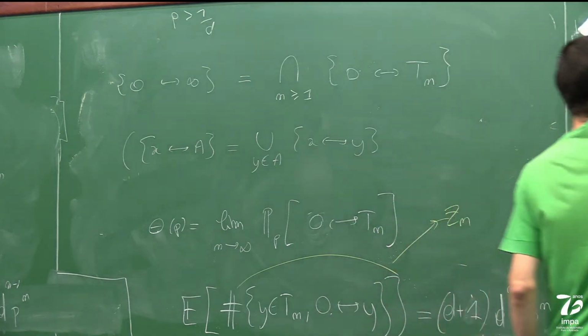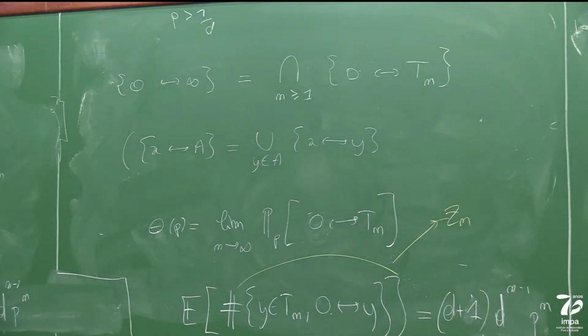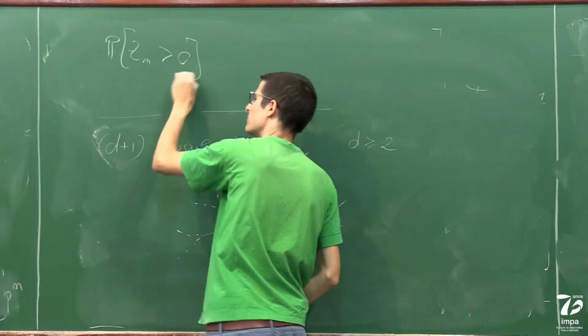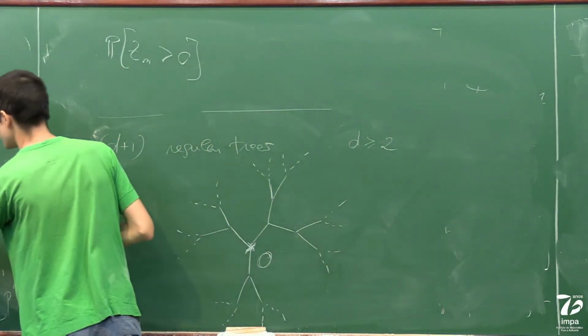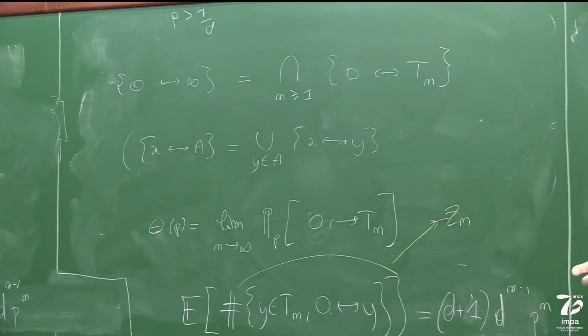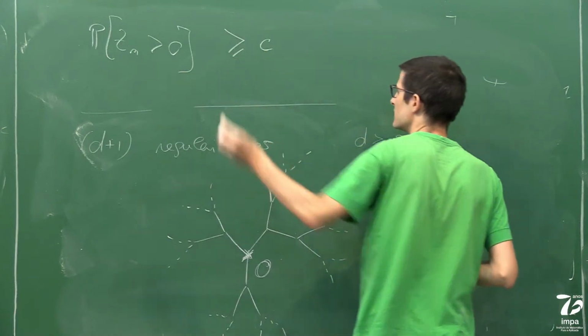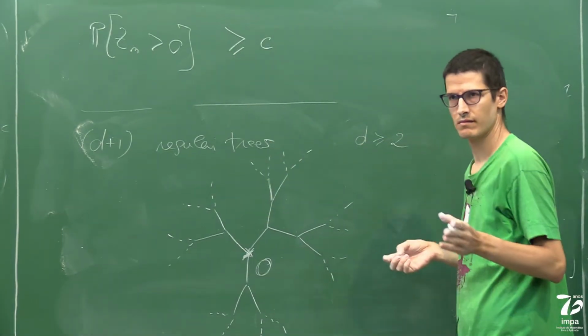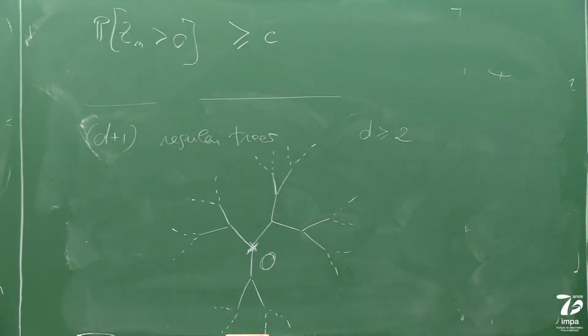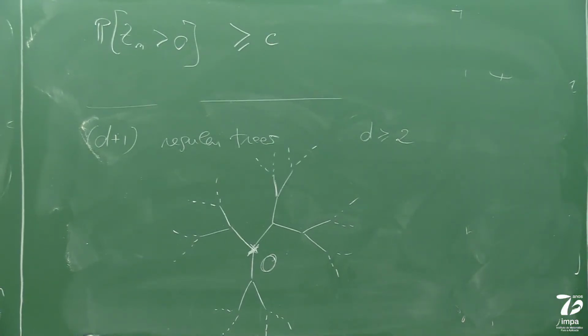And what I want to show is that the probability that this thing is positive does not decay to 0. Okay, so I want to show that this is larger than some c that does not depend on n. So I know that the expectation diverges. So maybe what I should do is compute the second moment and try to extract something from there.